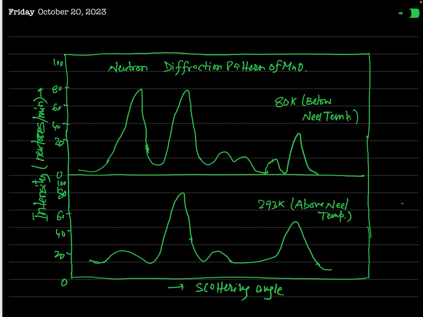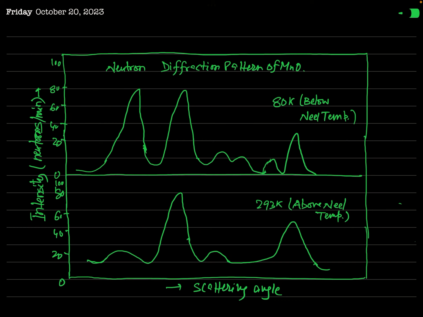and for this I have shown here a particular example. You can see this in this graph. I have shown how the number of neutrons scattered per minute, which is called the intensity of the diffracted beam, varies with the scattering angle. Actually, this depends on temperature, which is called the Néel temperature.